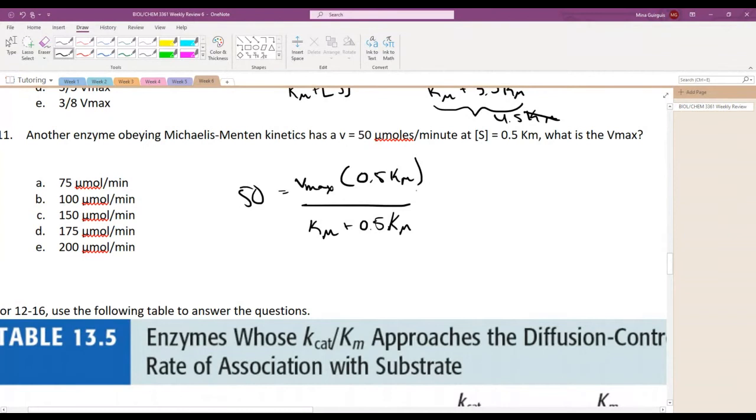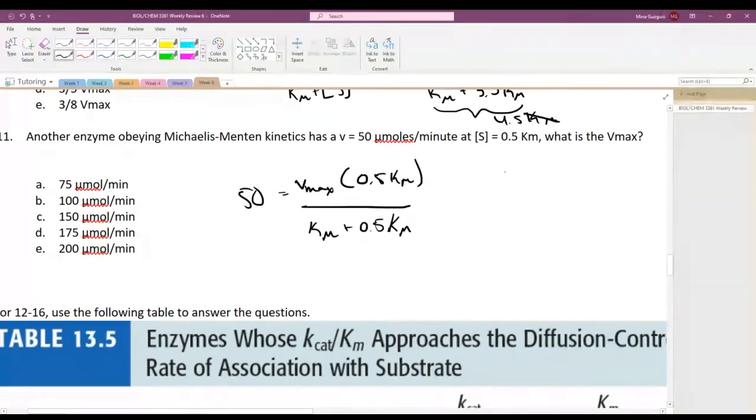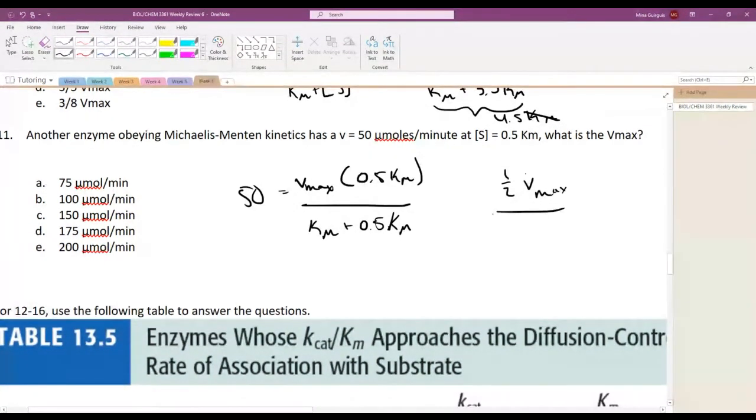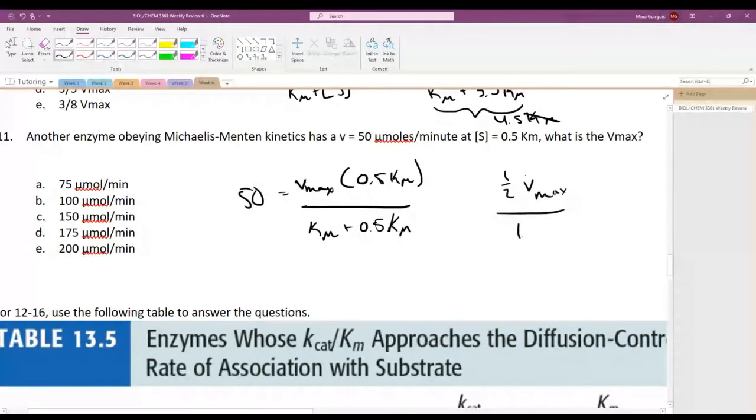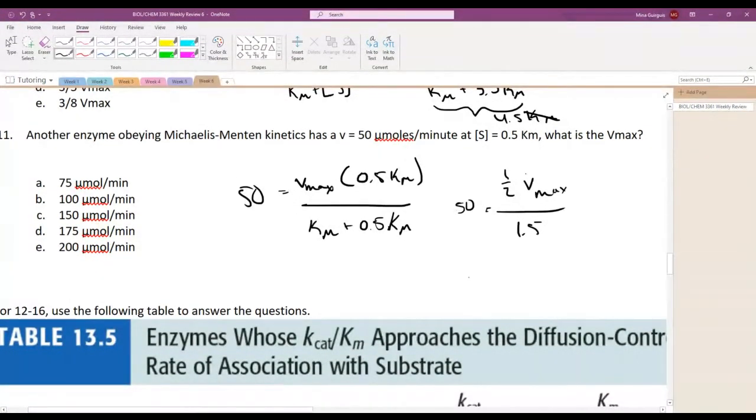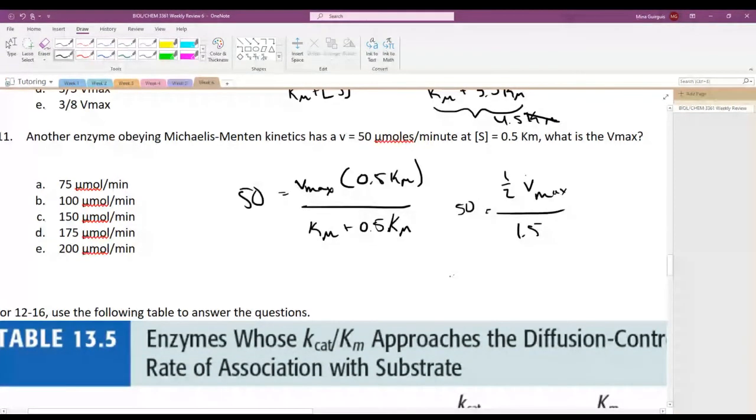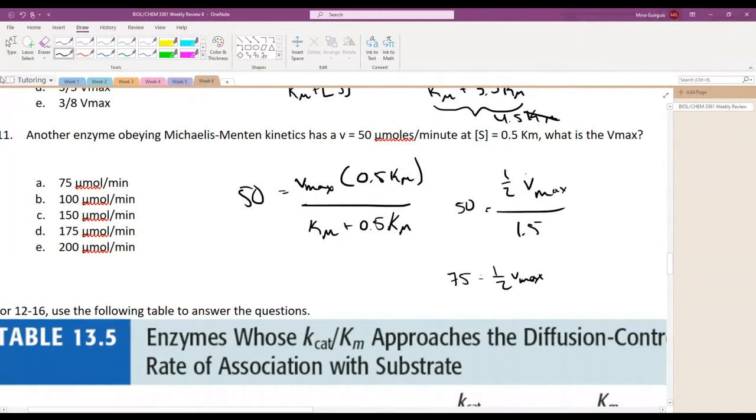Now I'm just going to clean up the bottom and cancel the Km. So the bottom is 1.5, Km's cancel. It's going to be 1/2 Vmax on the top over 1.5 equals 50. Multiplied by 1.5 to get to 75 equals 1/2 Vmax. Vmax ends up being 150.